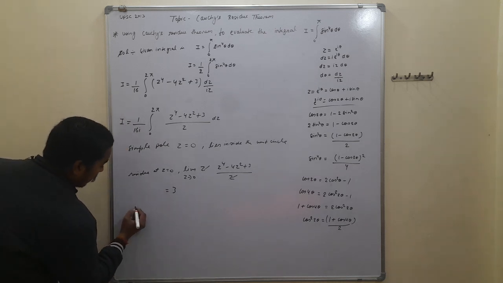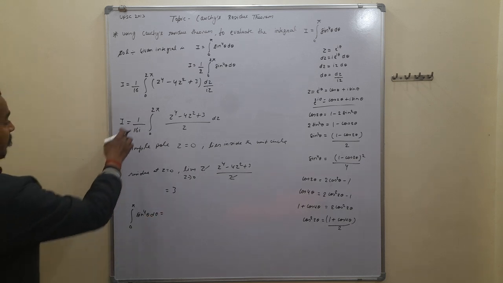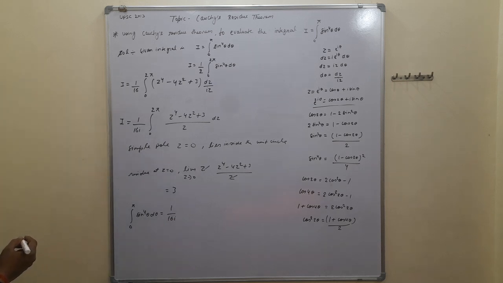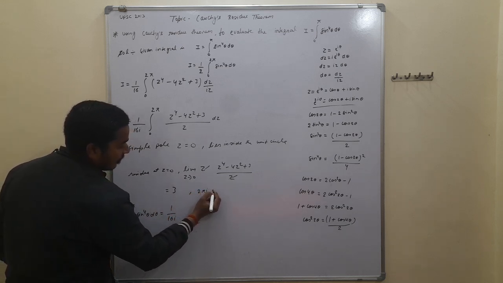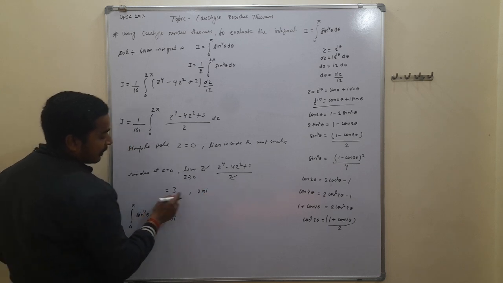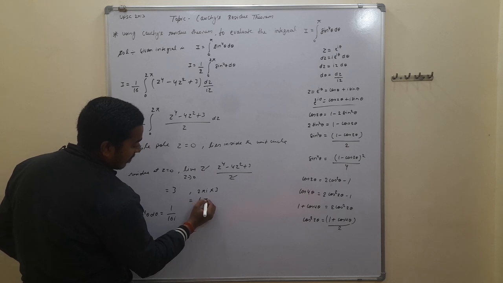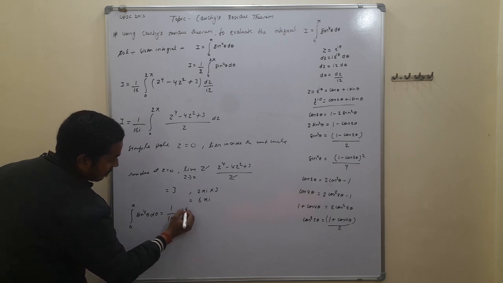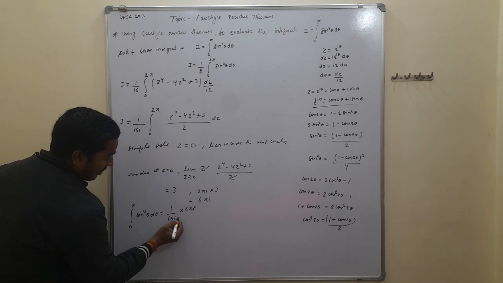And we know that by Cauchy residue theorem, the integral is given by 2 pi i into the sum of residues. So the integral of sin to the power 4 theta d theta is equal to 1 upon 16i, already present, into 2 pi i times the sum of residues. Here the residue is 3, so we write 6 pi i, and further we have 1 upon 16i into 6 pi i, and from here i is cancelled out, and 2 3s are 6 and 2 8s are 16.